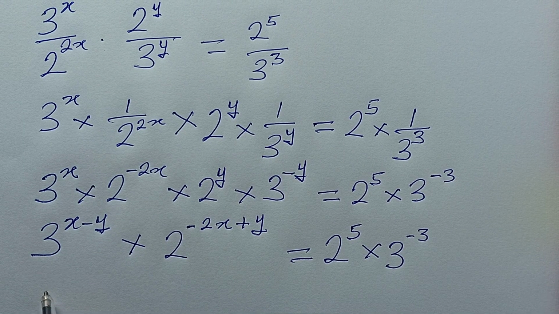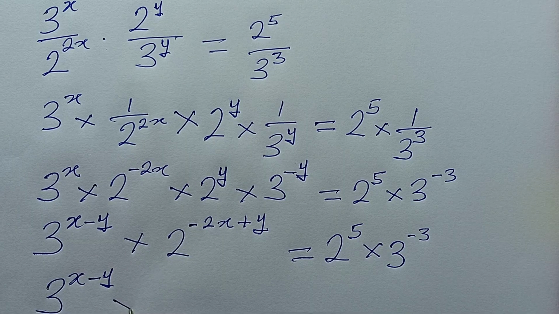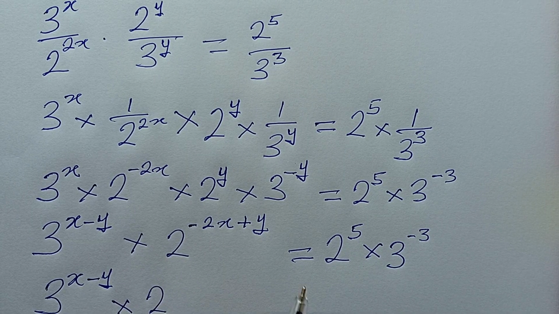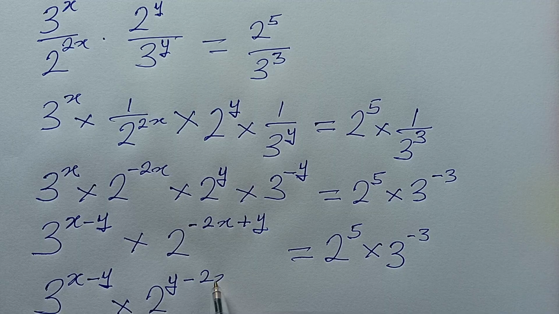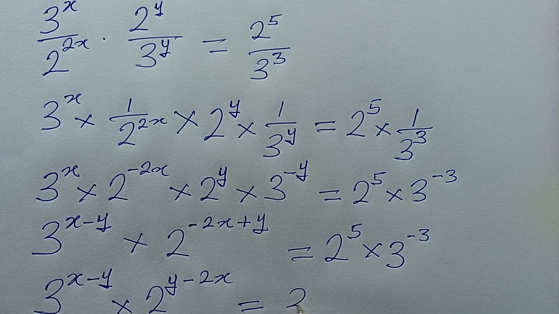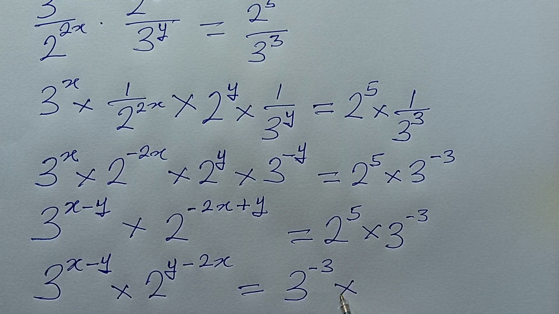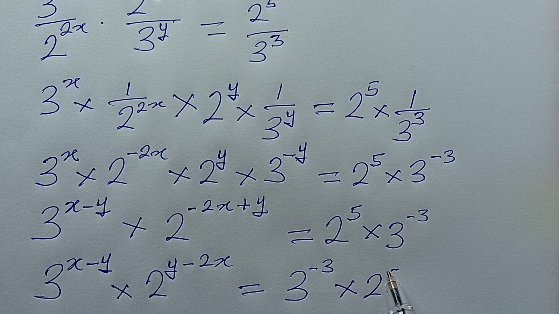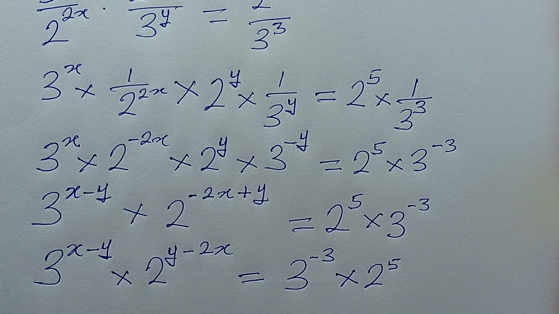And so this is going to give us 3^(x - y) times 2 to the power, let's start with this positive because it's not proper to begin with the negative, y minus 2x, which will now be equal to 3^(-3) times 2^5. Are we learning something here? Good. So from here, let's do our comparison.